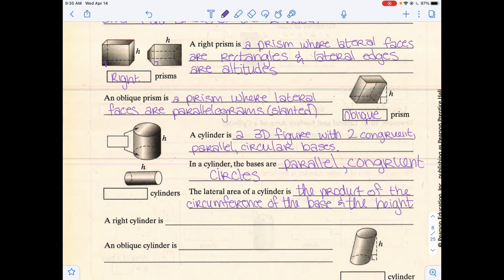Okay, then we also have right and oblique cylinders. So our right cylinder is a cylinder whose lateral surface joins the base at a right angle.